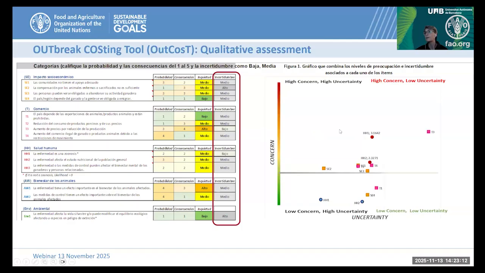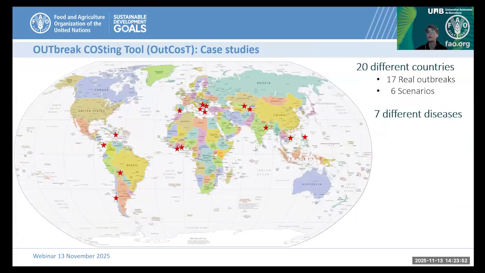You can see as an example the figure on the right, where in the highest part on the top we have items and blocks with higher concern, and on the right part blocks and items with low uncertainty. So at the end, all items that fall in the top right quadrant of the figure need special attention, because they can have a strong impact, and it's almost sure that this will have a heavy impact on the country if this is introduced.